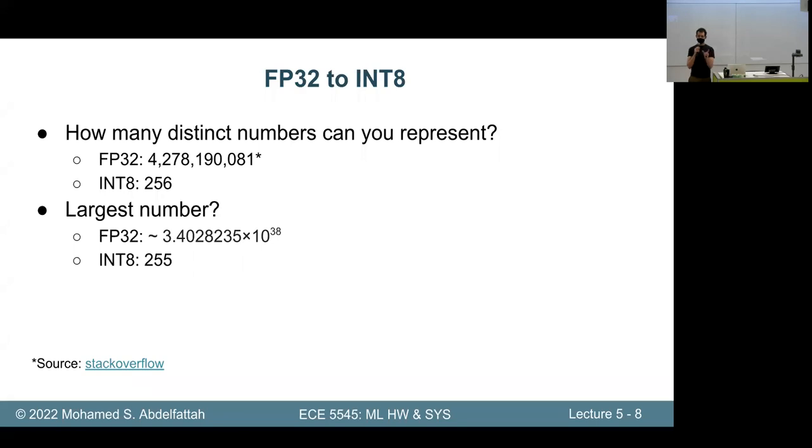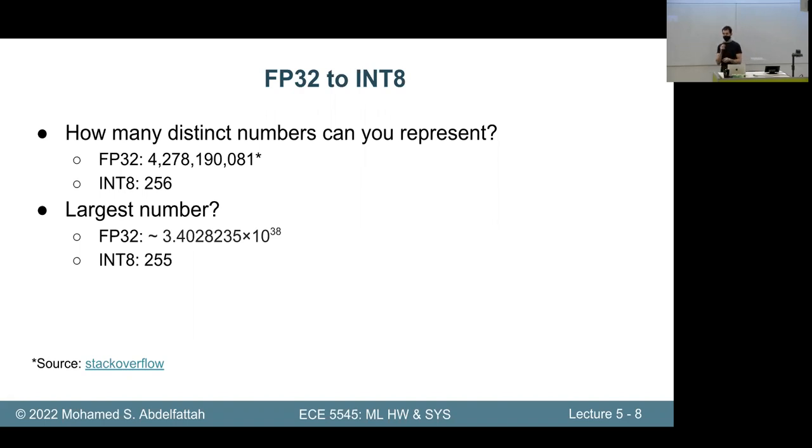You have 32 bits. I think 8 of them are for the exponent, 23 for the mantissa, and 1 bit is for the sign. If you work that out using pen and paper, you'll find that you have about 4 billion numbers that are representable in FP32.